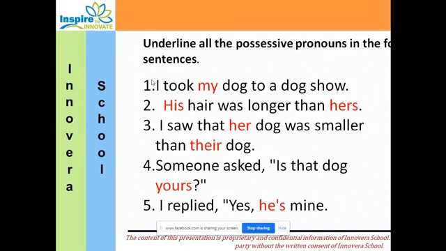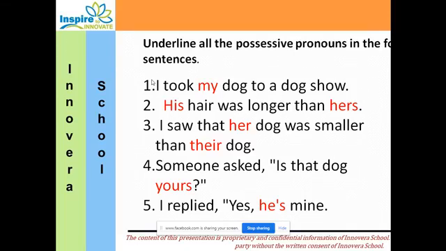I took my dog to a dog show. His hair was longer than hers. His and hers. I saw that her dog was smaller than their dog. Her and their. Someone asked, "Is that dog yours?" Yours. I replied, "Yes, he is mine."